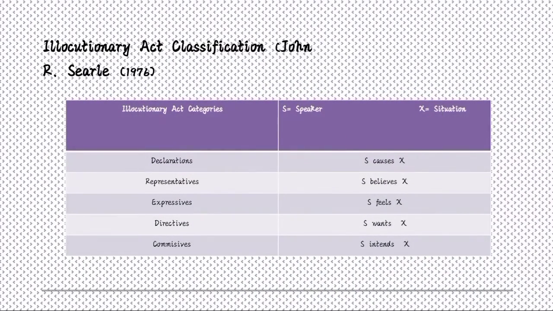And now, illocutionary acts classification. Number 1, declarations.